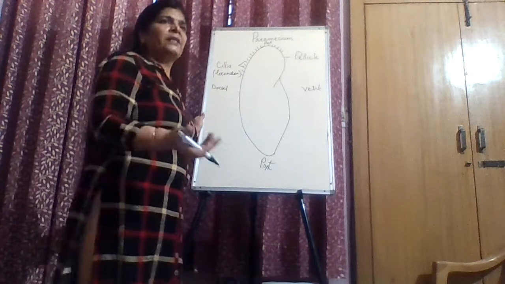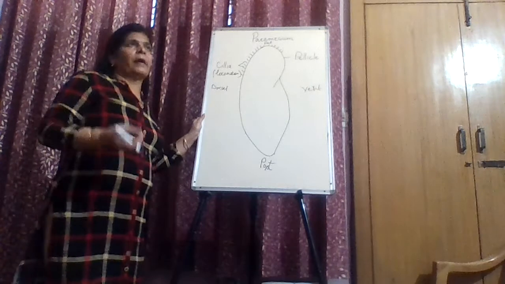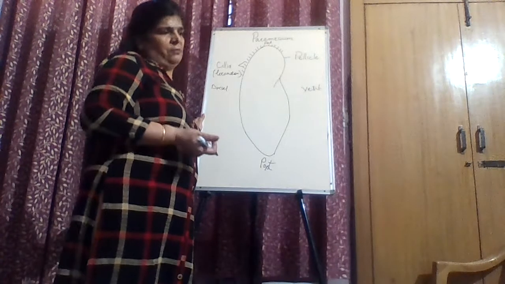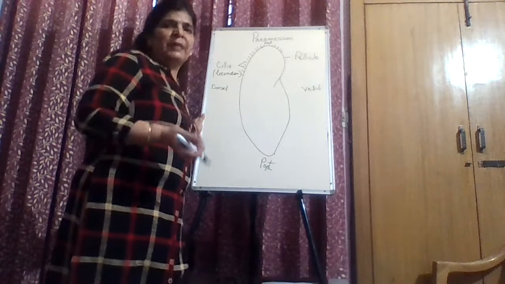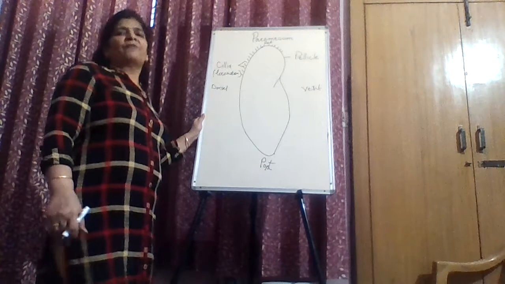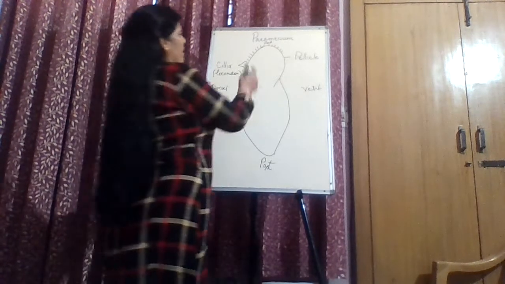As we know that in protozoans, locomotion may take place by pseudopodia, flagella, tentacles or cilia. Those protozoans which locomote with the help of cilia come under the subphylum Ciliophora.